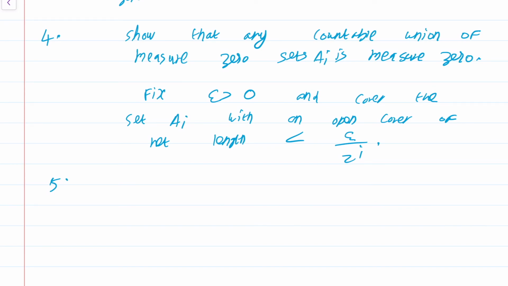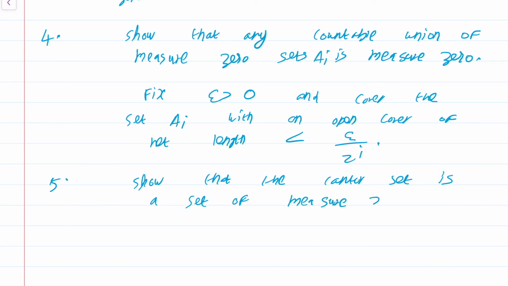Another exercise for you, show that the Cantor set is a set of measure 0. Okay, so recall that the Cantor set is uncountable. So this sort of says that don't be misled into thinking that only countable sets are going to be sets of measure 0.